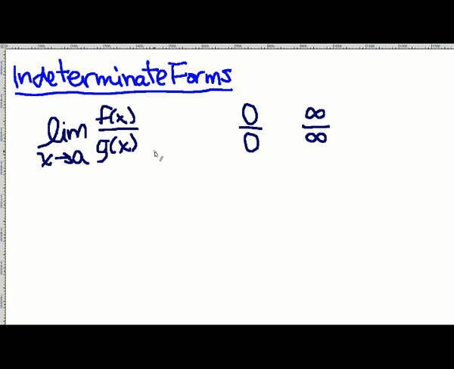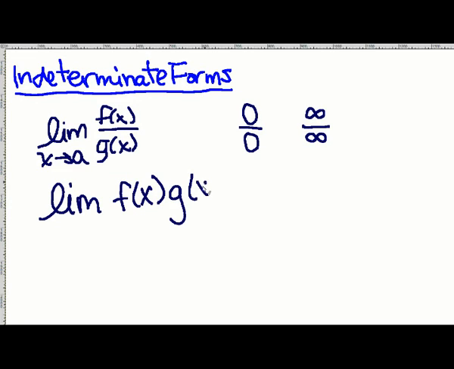We have several other indeterminate forms that we're going to discuss in this section, the first of which is a multiplicative indeterminate form. So we could look at something with an x times something with an x, and if one of these, as x goes to a, approaches 0, and the other approaches infinity or minus infinity, we would call this an indeterminate form of 0 times infinity.